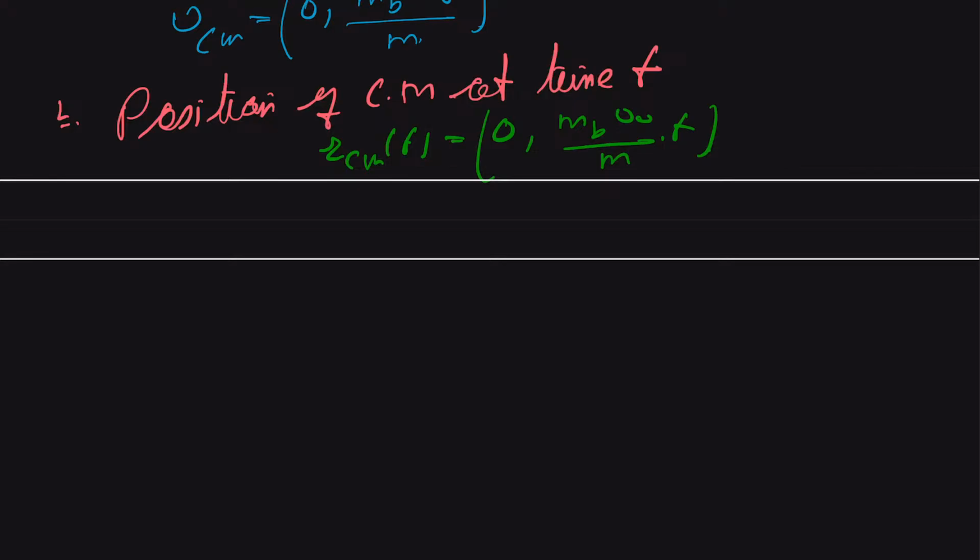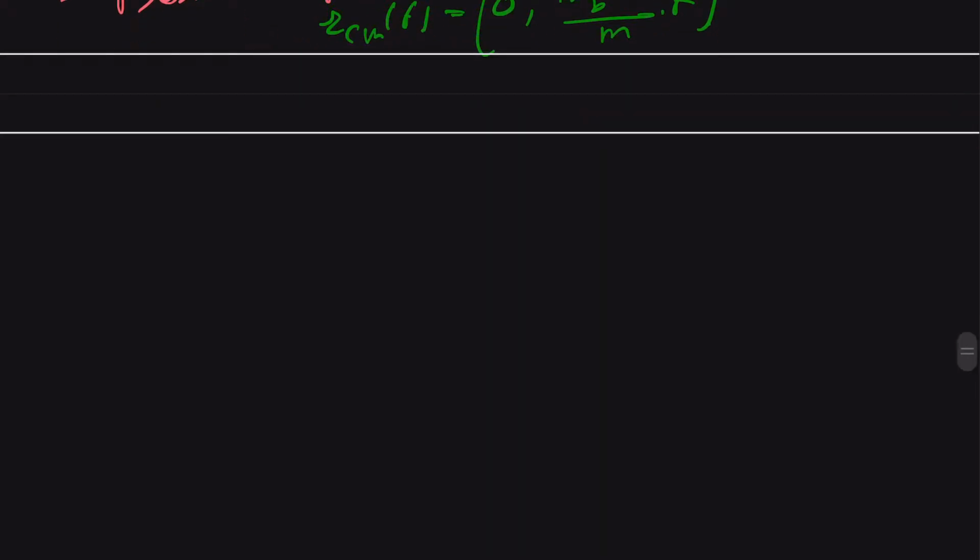Now, because there will be a relative motion, as the entire mass B is at a different velocity and mass A is stationary, let us shift the coordinate system to the center of mass frame. So now we are going to take the center of mass as the origin.